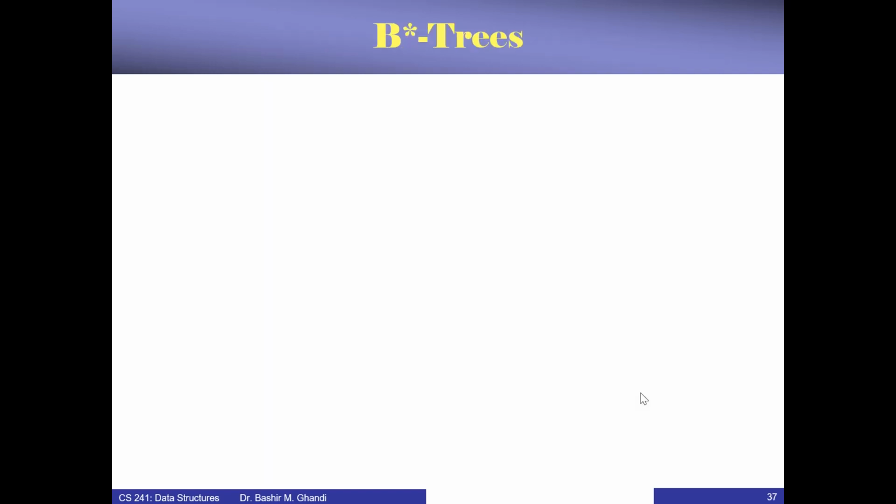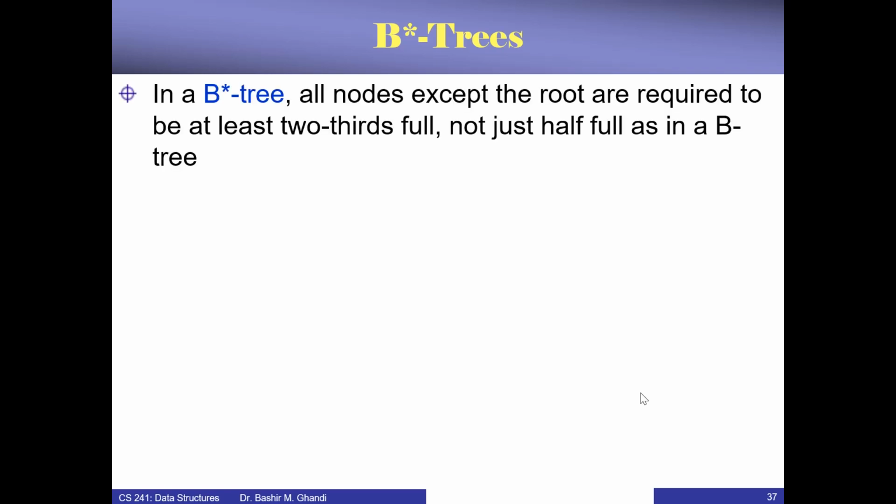The last part of the lecture is to briefly talk about another balanced multi-way tree, which is called B-star trees. B-star tree is even more efficient than B-trees, but I will not go into detail about its deletion and insertion, just to tell you something about it and to give you two examples.